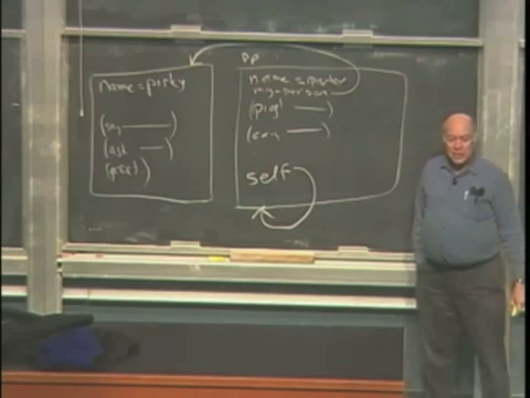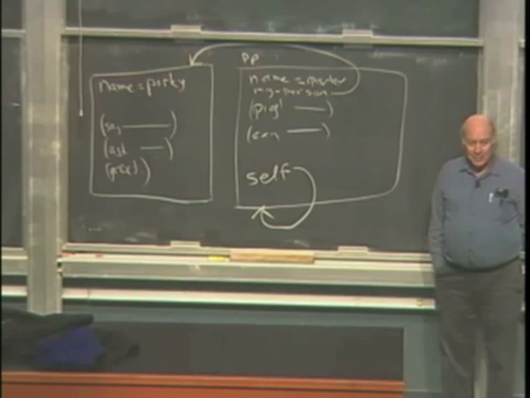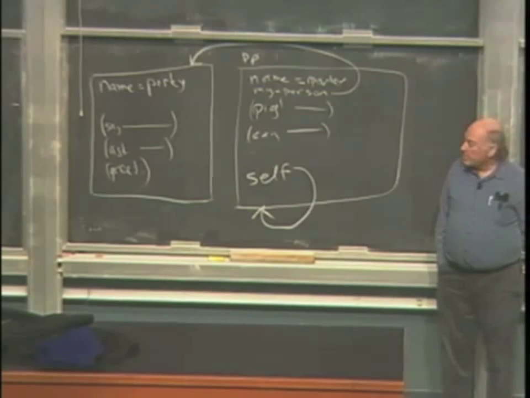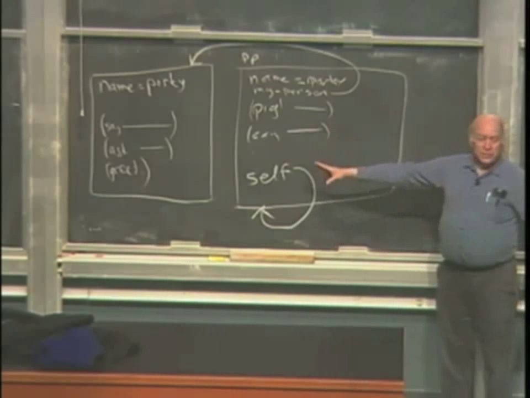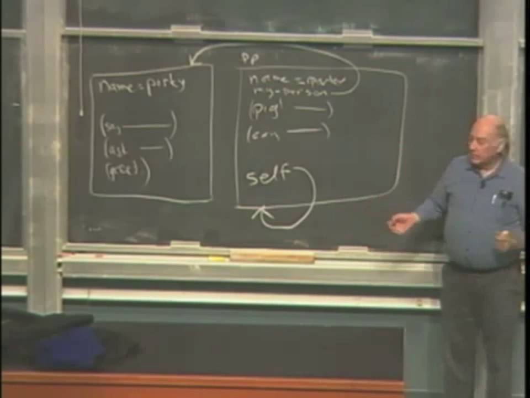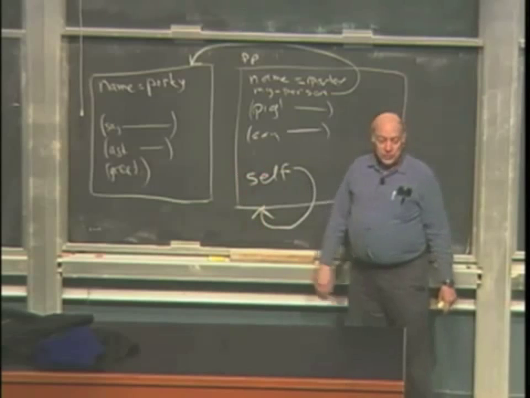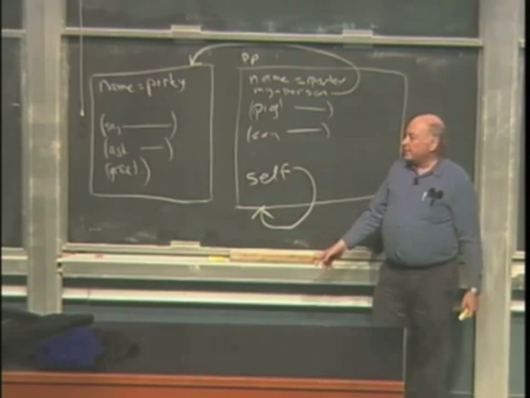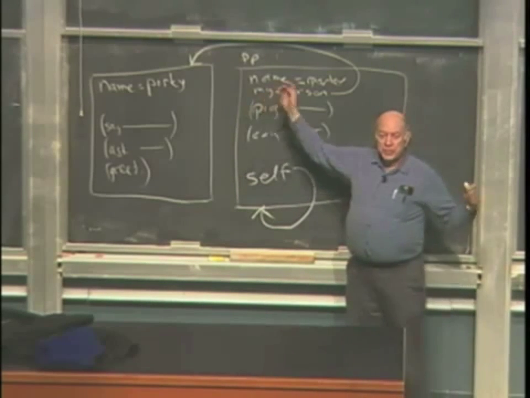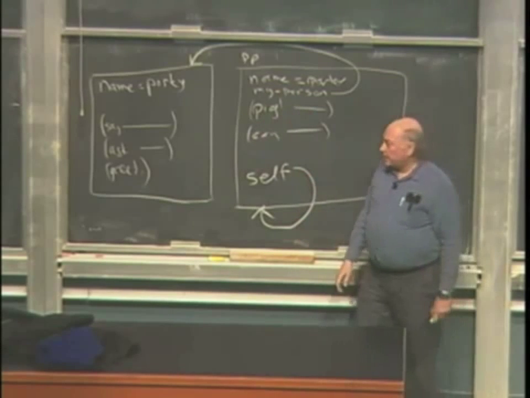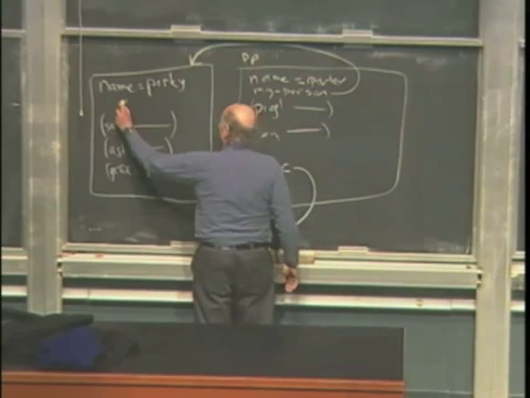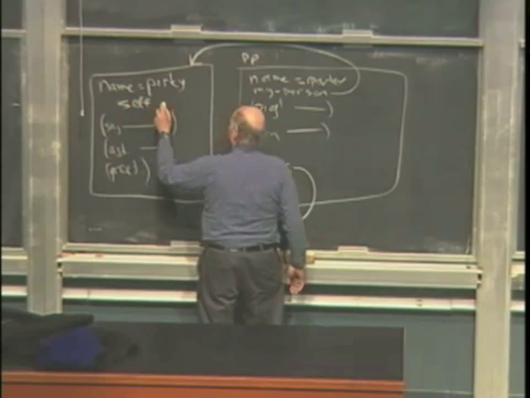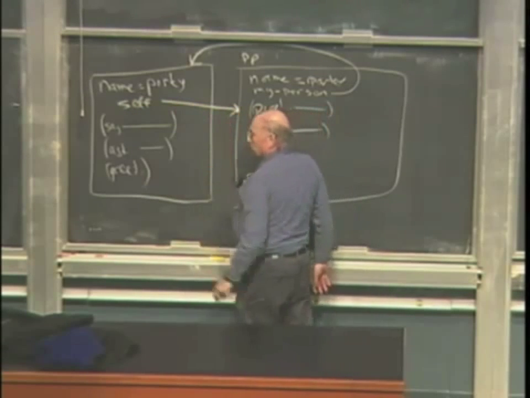For this pigger, self points to myself. If I just said instantiate person, it would have a self that points to itself too. But I didn't. I used person as the parent of another object. So its self points to the original pigger.